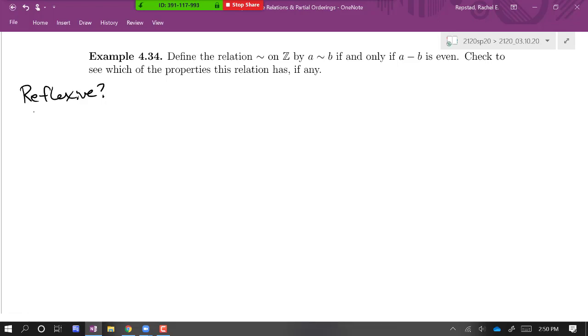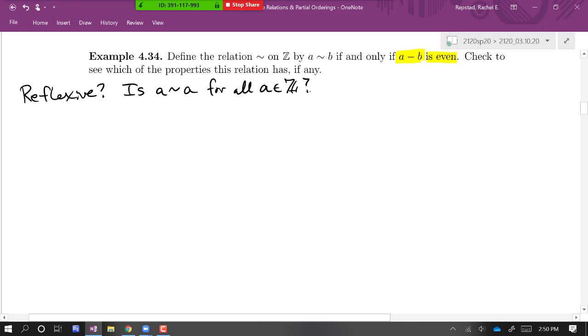In order to answer that question, every time I get a new relation, I have to train my brain to think in terms of that relation. Every time I check a property, I have to go back and ask, how is this relation defined? The way this relation is defined requires me to look at the difference, a minus b, and see if it's even. So I'm checking to see: is a related to a for every integer a?